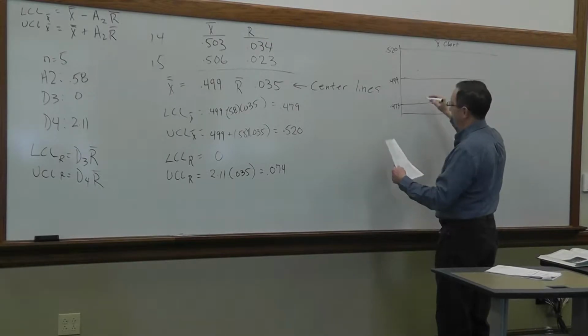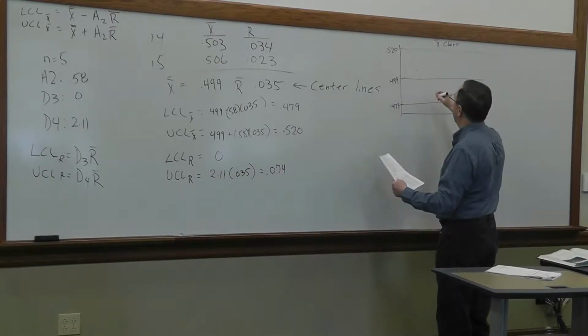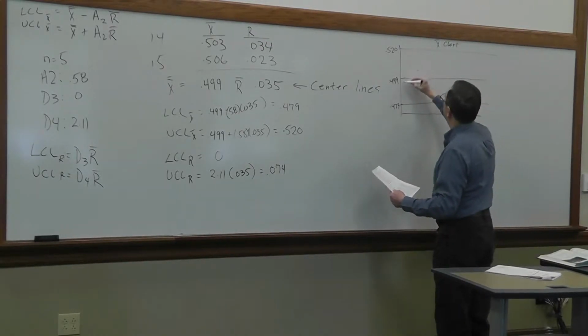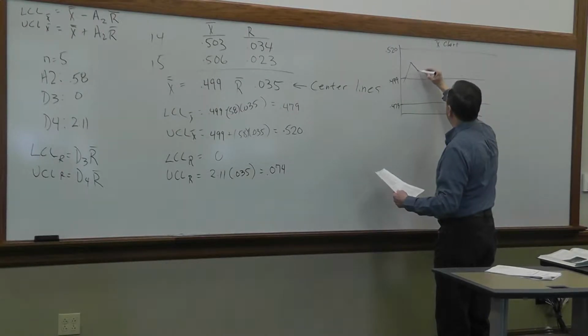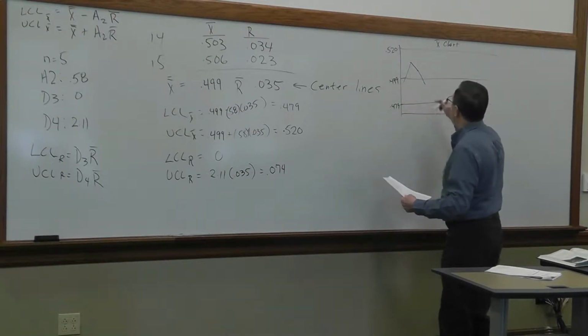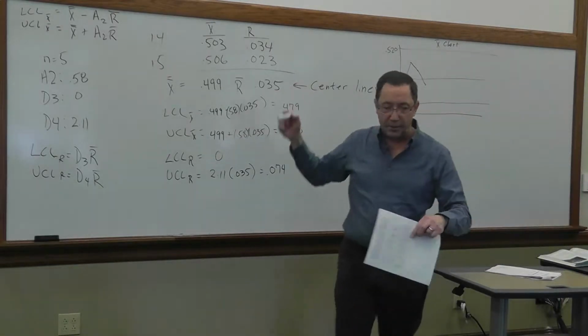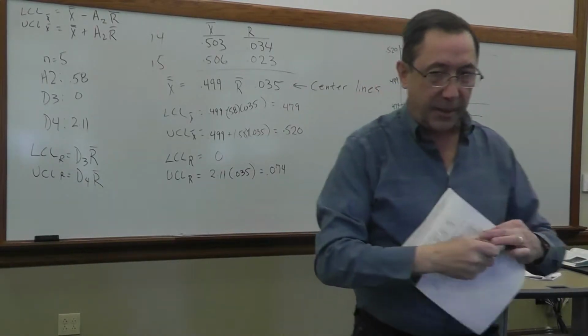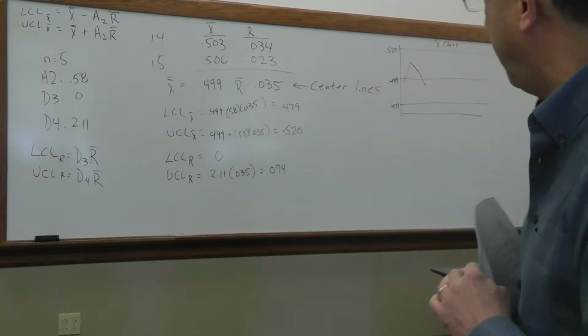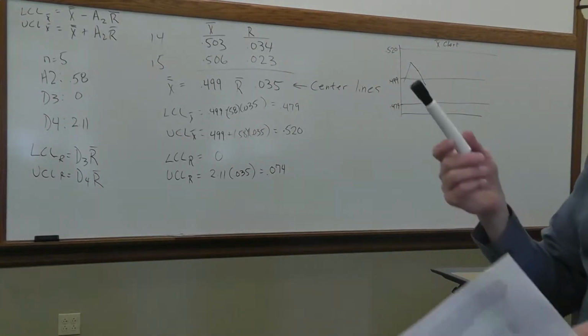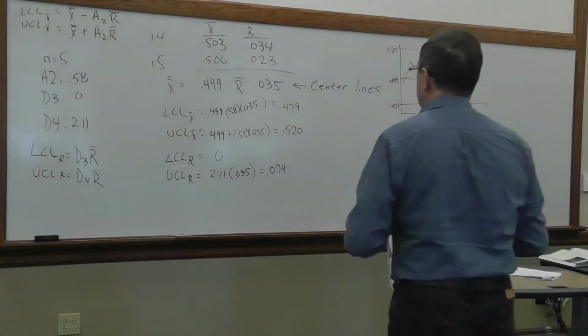This is how this would work, 0.492, and then we connect the dots throughout time, and when you're done, you'd have 15 of those plotted, connected.